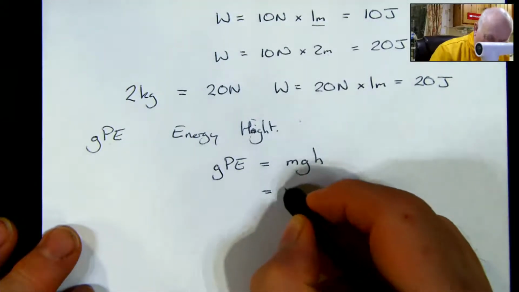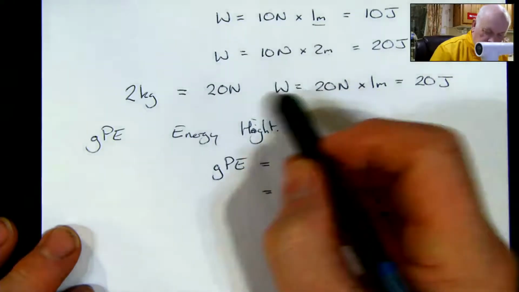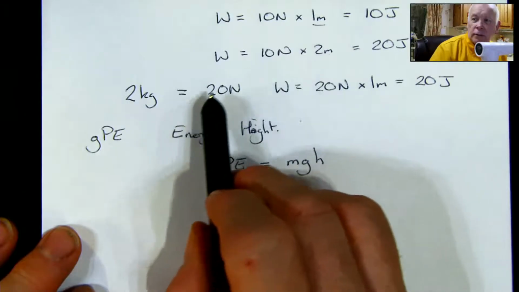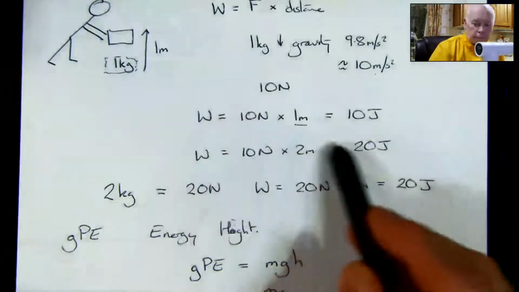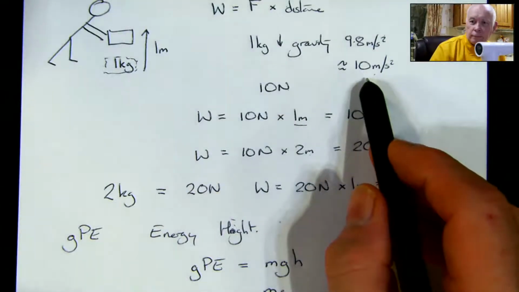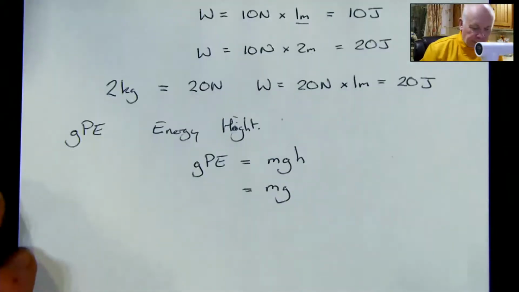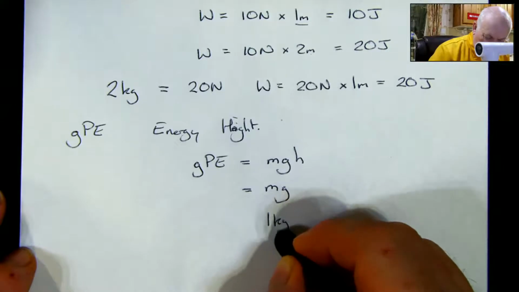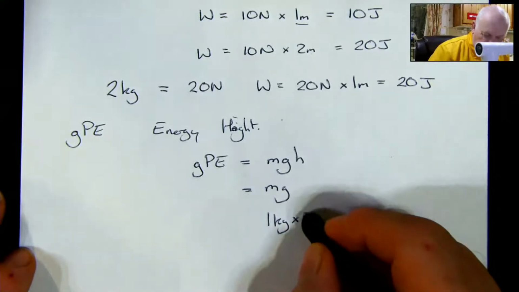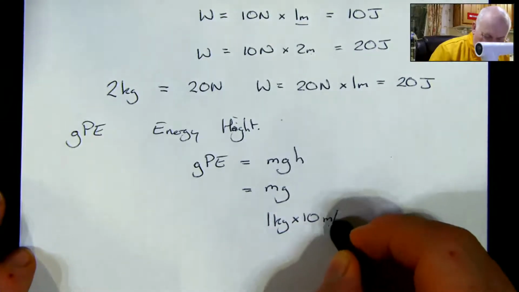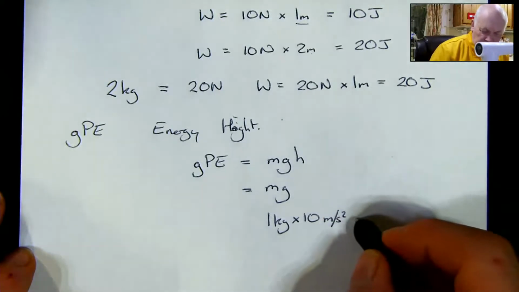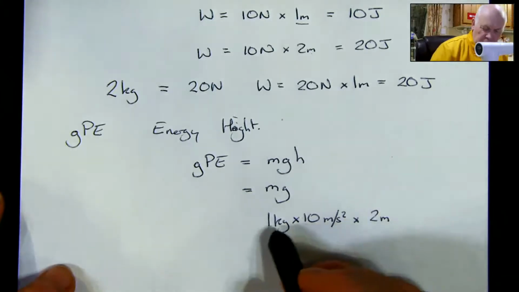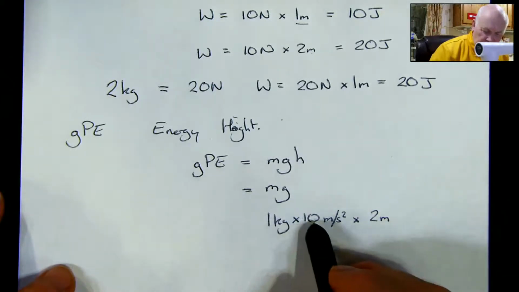Well, mg we've just been working out. This is the mass times the force of gravity. So if I have 1 kilogram and the force of gravity is going to be 10 meters per second, and I lift this through 2 meters, this is going to be 1 times 10 is 20.